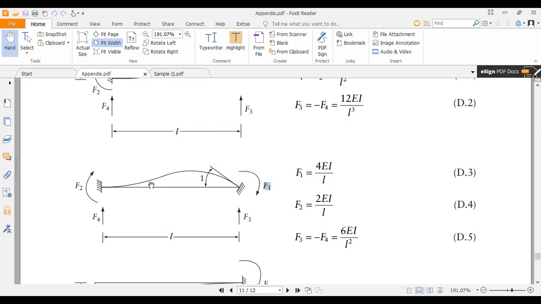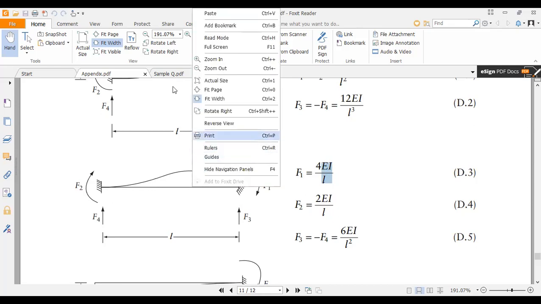This F1 and this F2 are the forces caused by a unit displacement. The unit displacement was applied only to a particular location, right? So this is for EI. If you apply clockwise, F1 will also be clockwise, and F2 will also be in the clockwise direction, right?